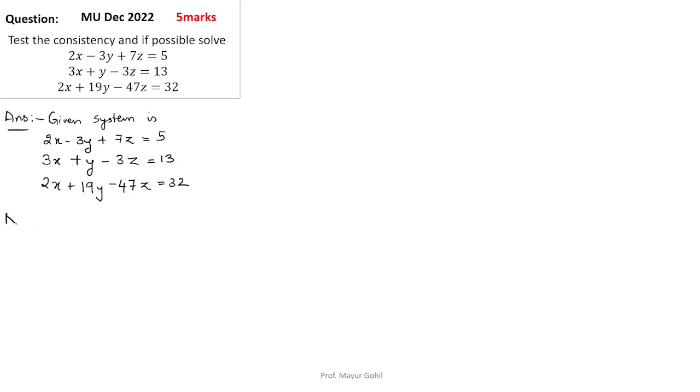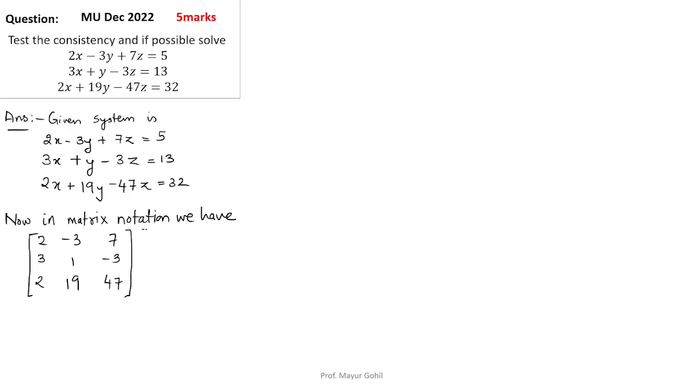Now we write it in matrix notation. We have 2 3 2, minus 3 1 19, 7 minus 3 47, times x y z, equal to 5, 13, minus 47 over here, and then 32.